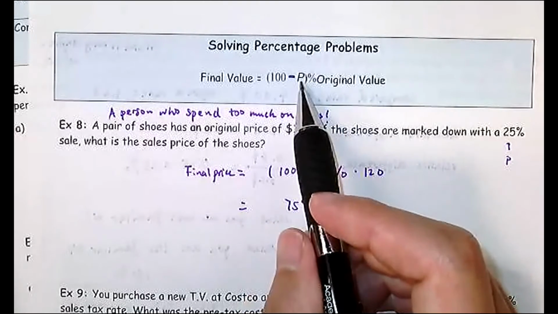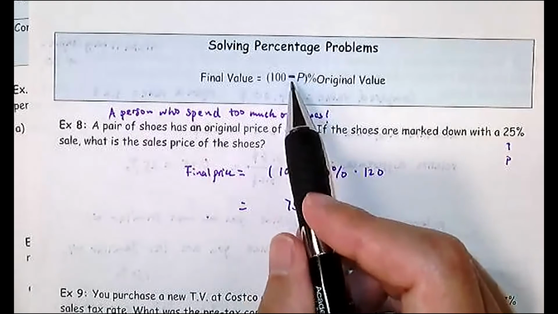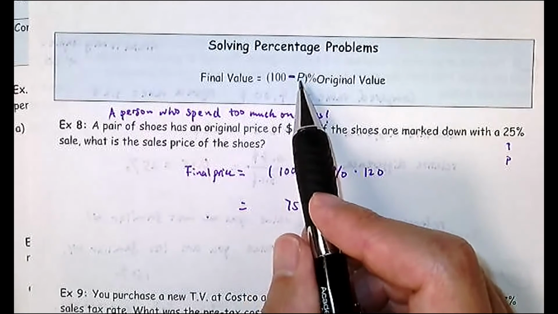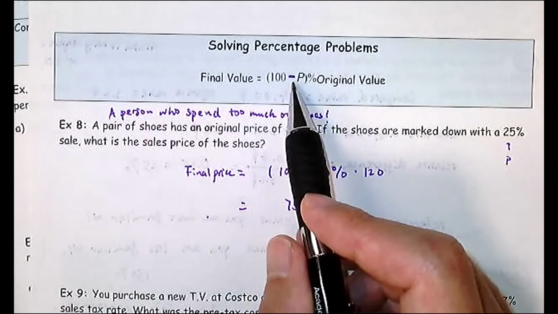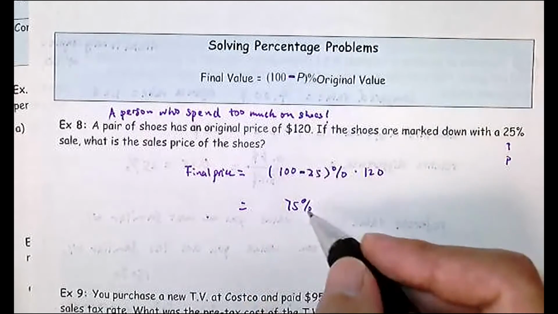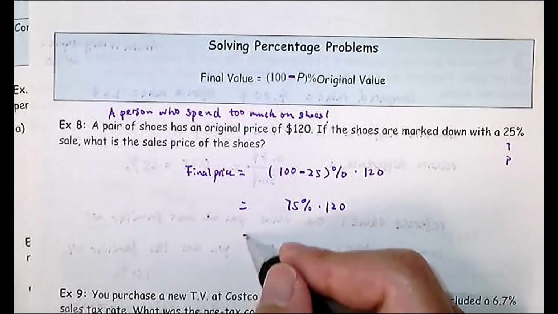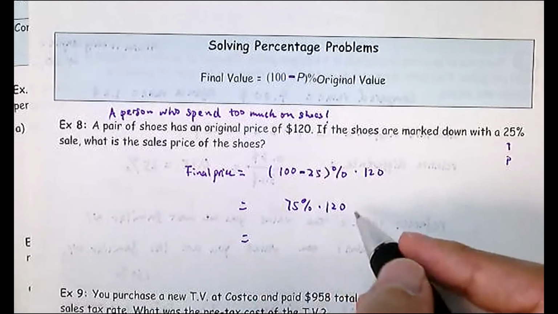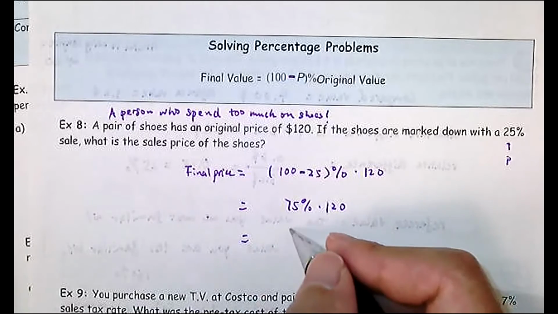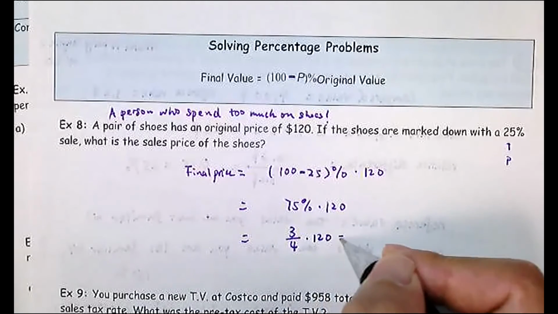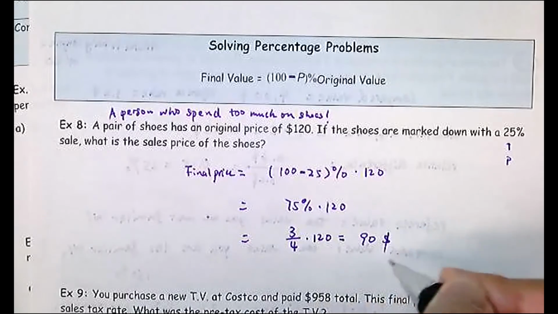Again, let me announce this again: there is a minus sign between 100 and P. If we mark a price off, we are reducing the price. We are subtracting a number. Okay, so 75% times 120. This gives you, 75% is 3/4 of 120, so it gives you $90.